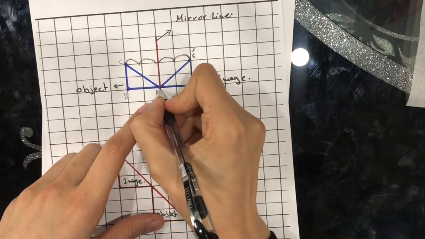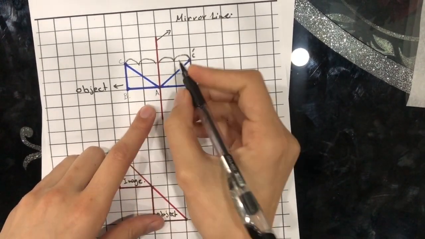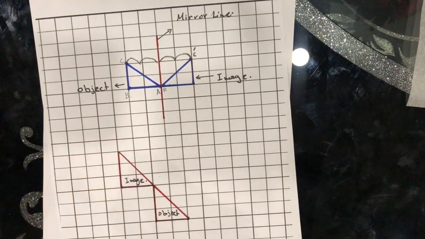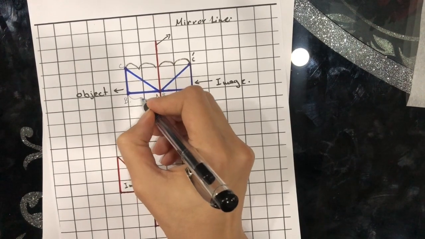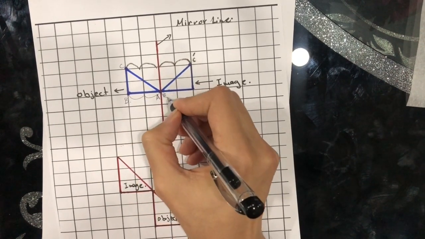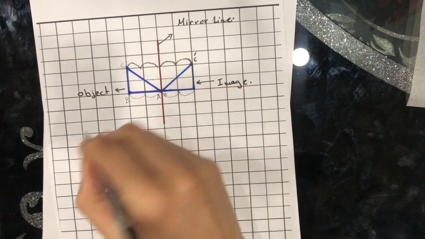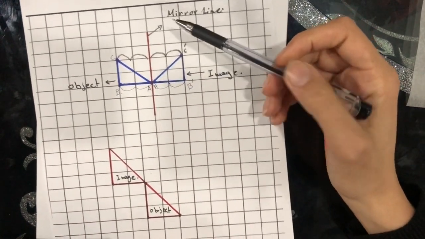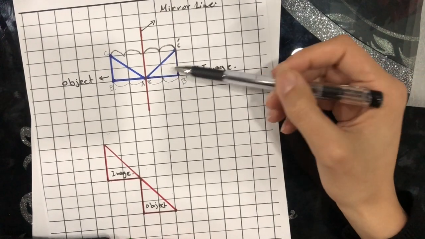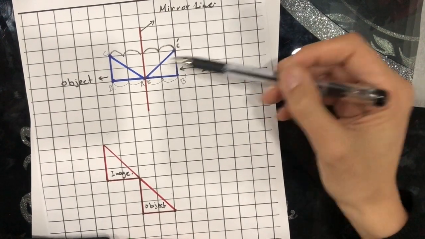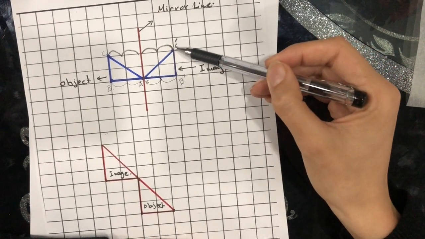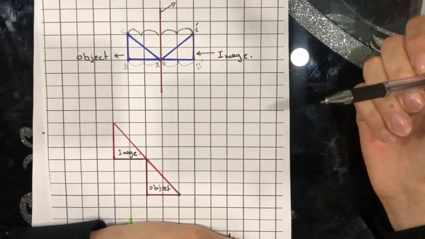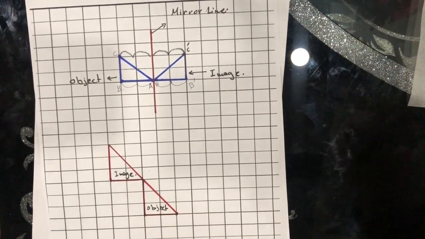For point A, it's exactly on the mirror line, so I don't need to do any distance. For point B, it's also exactly 2 squares. I will just count 2 squares from the mirror line in the opposite direction and assign point B. Now I have the new coordinates for points A, B, and C. All I have to do is link the sides together, and there I have my image after reflecting.